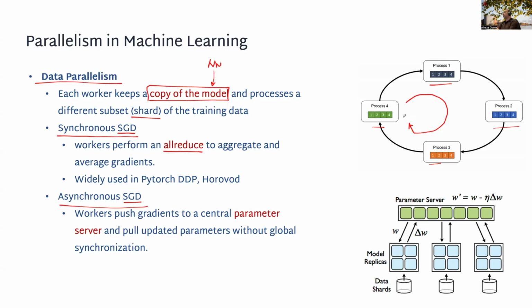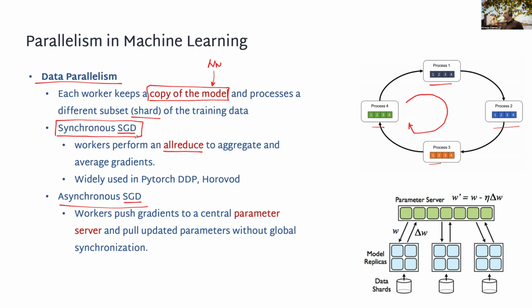So they perform an all-reduce operation to aggregate and average the gradients. Basically, each process has its own data, so they can compute local gradients, right? And then to aggregate the gradients, they perform an all-reduce operation to aggregate and average the gradient. And then they update the parameters based on this aggregated gradient. So this is a synchronous algorithm because you have to perform this all-reduce first. All of the nodes should participate in the all-reduce operation, and then they can update their parameters. So that's why it's called synchronous SGD.